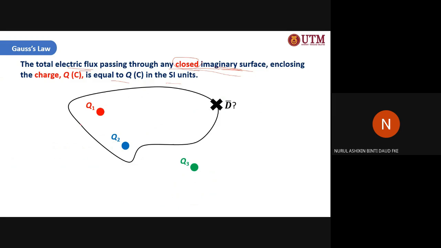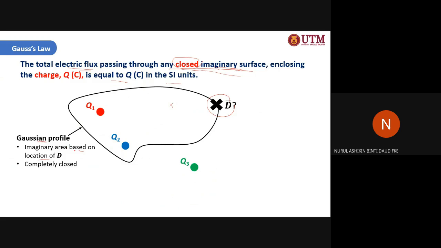This imaginary surface is known as the Gaussian profile. So what is a Gaussian profile? A Gaussian profile is an imaginary area based on location. So let's say that your location is pointed here. It means that you have to make your imaginary surface pass through this point.